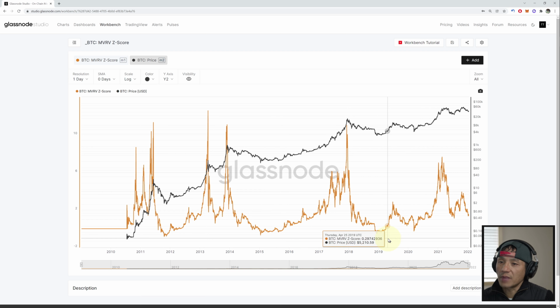So you get the picture. Here's some more down here. -0.3 on the MVRV. 0.003, make that 0. But right here, we're actually a little bit higher, 1.4. And the last bottom we hit was here, and it was 1.28.